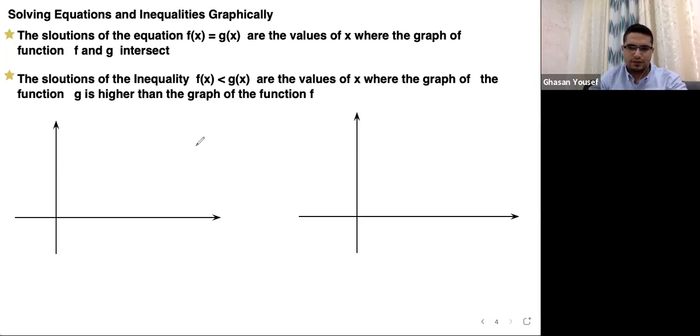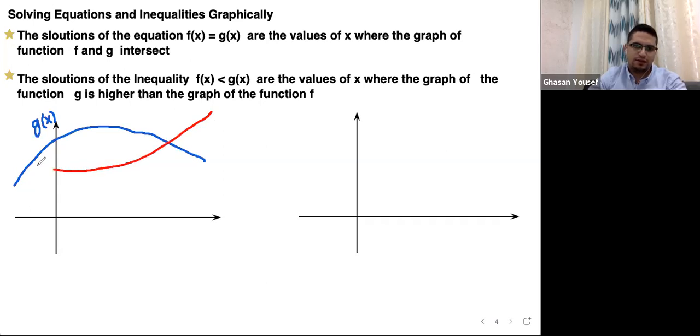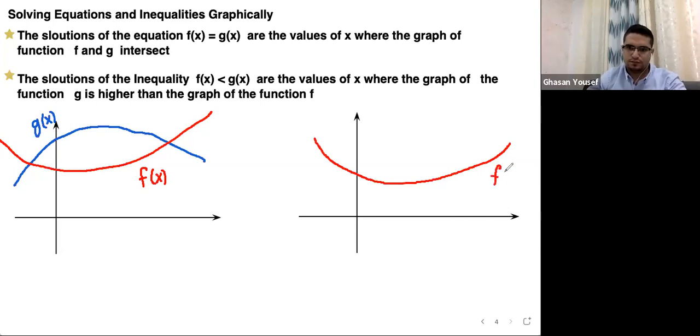This first one is g of x, and the second one is f of x, something like this. This is f of x, and here is g of x.